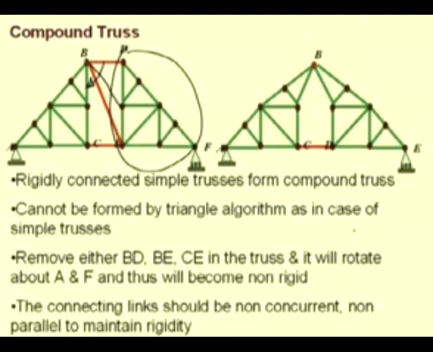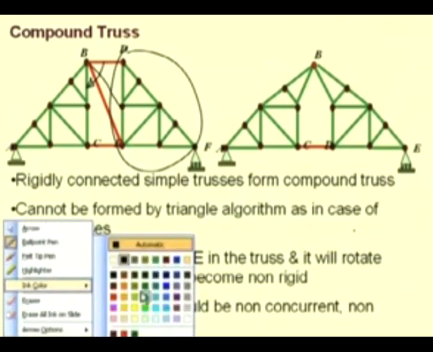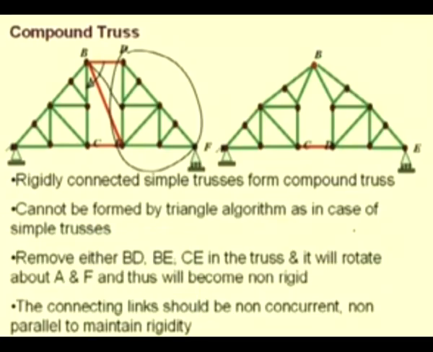Or if we had, instead of these 3 connections, a link connecting these 2 members, then also this portion of the truss can rotate, because all these 3 links BD, this link as well as CE are of equal lengths, and this complete truss can rotate with respect to this simple truss ABC.